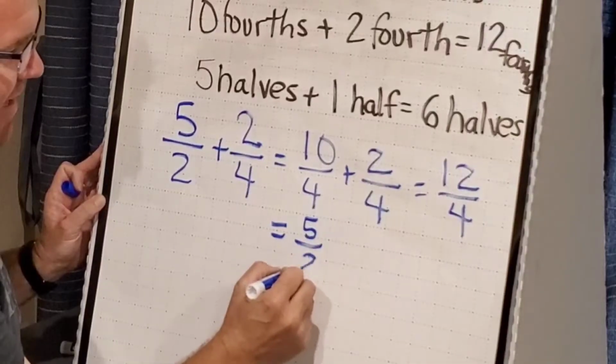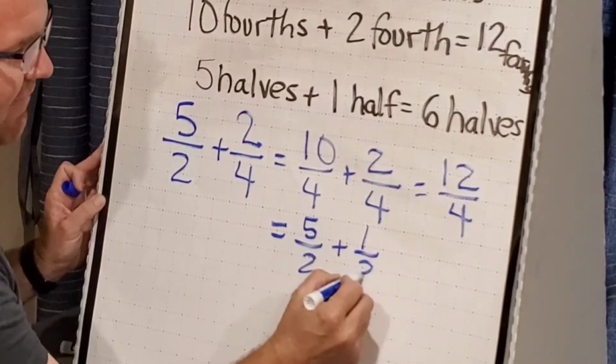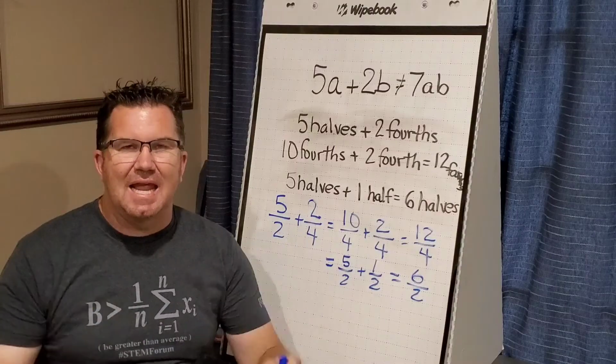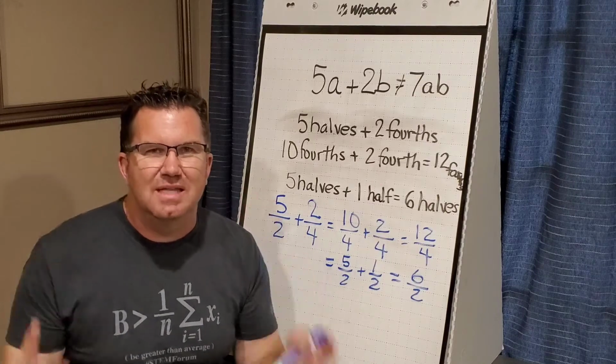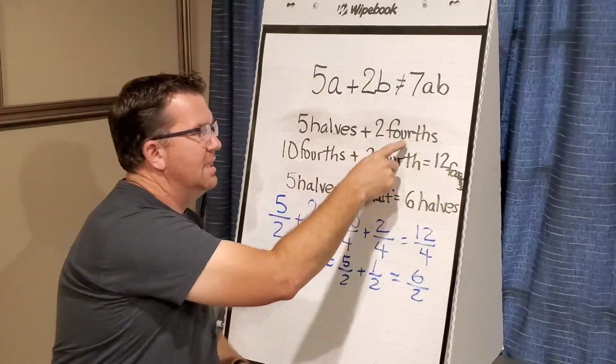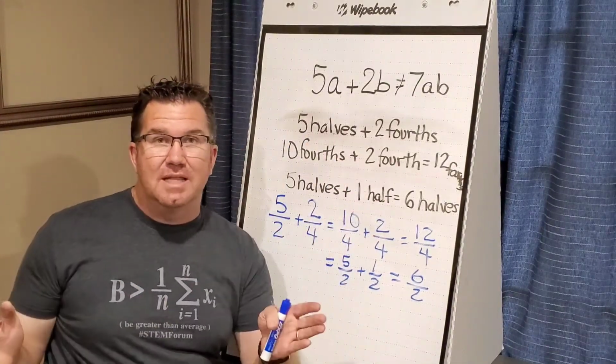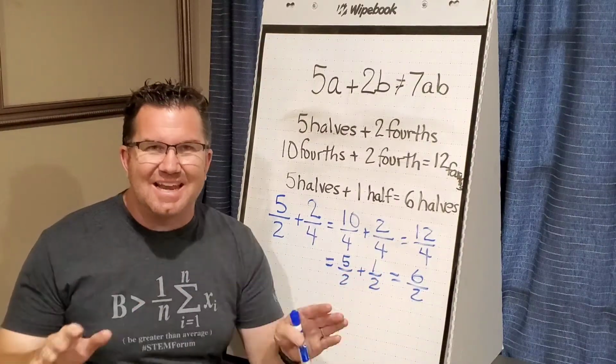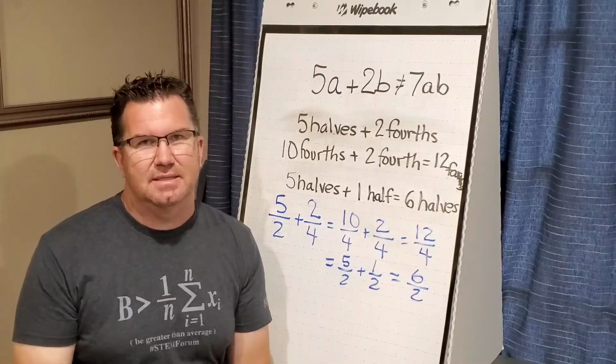Or 5 halves plus 1 half, which gives me 6 halves. I was able to do this because there was a relationship between fourths and halves. No relationship, I can't have the same object, therefore I cannot add and I cannot subtract.